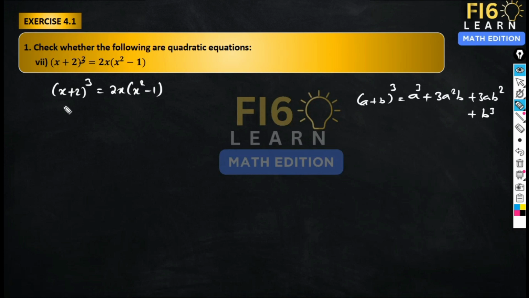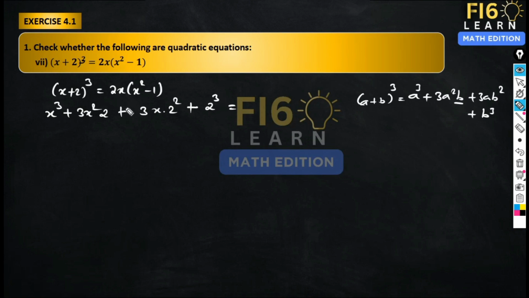So we will get x cube plus 3 into, instead of this a square we have to put x square, instead of this b we have to put 2 here. And then 3 into, we have a into b square, so we have to put x into 2 square, plus at the end we have b cube, so we have to put 2 cube.